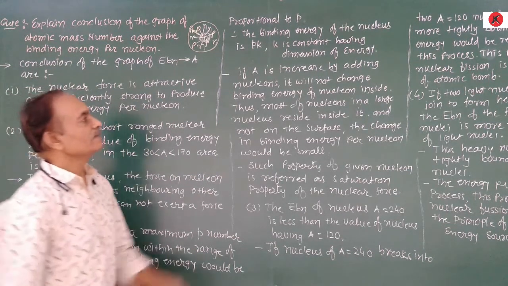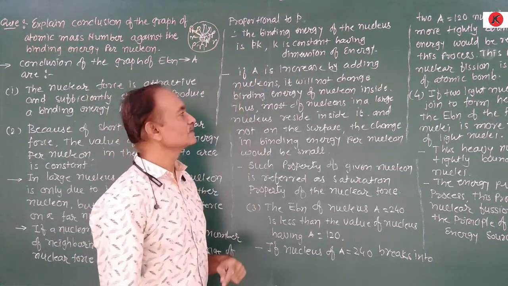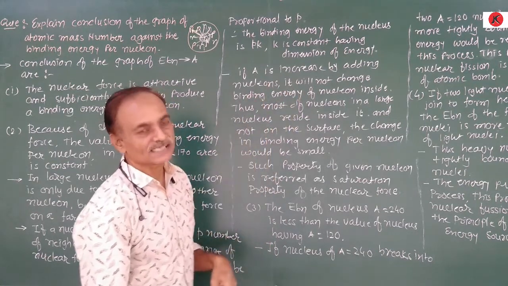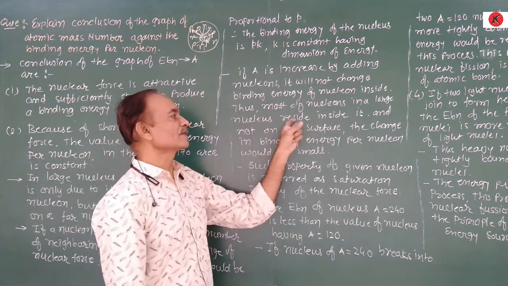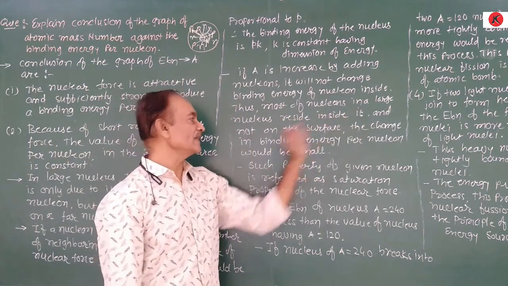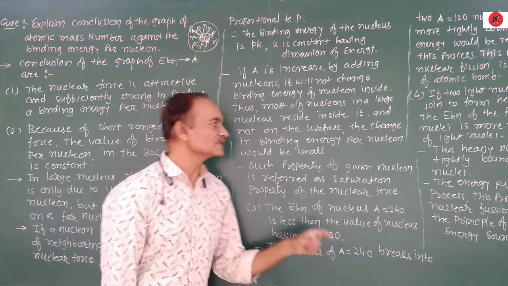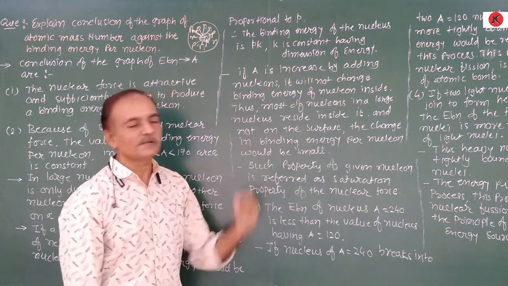Okay. If A increases by adding nucleons, it will not change the binding energy of the nucleons inside. Thus, most of the nucleons in a large nucleus reside inside it and not on the surface. Therefore, the change in binding energy per nucleon would be very small.